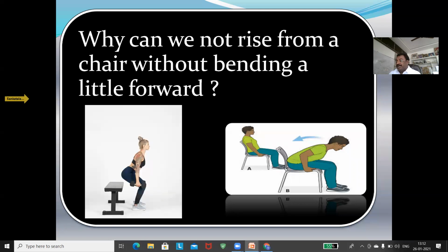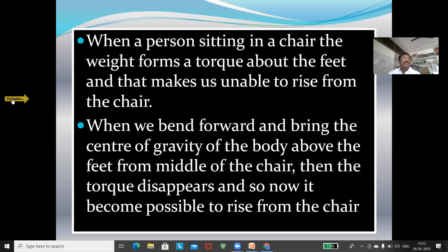Then the torque disappears, and we can rise easily from the chair. When a person is sitting in a chair, the weight forms a torque about the feet, which makes us unable to rise. When we bend forward and bring the center of gravity of the body above the feet, the torque disappears. So now it becomes possible to rise from the chair.